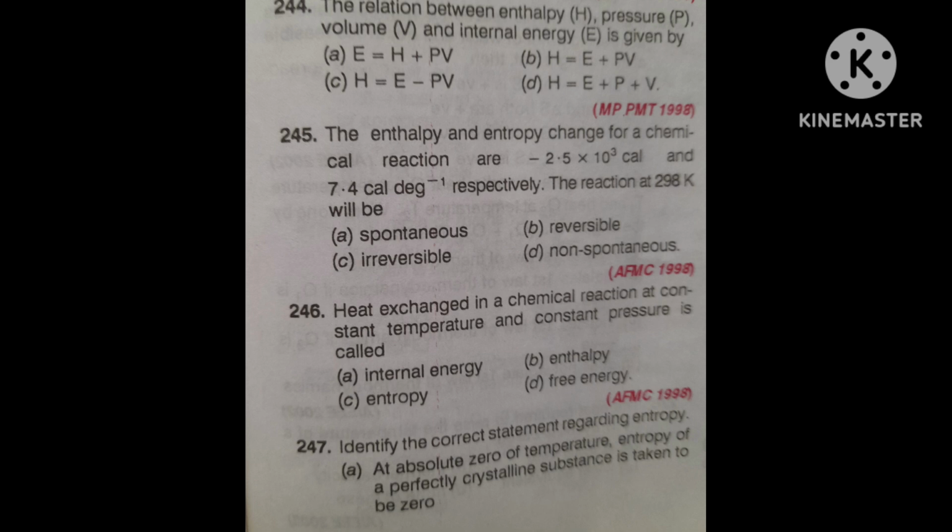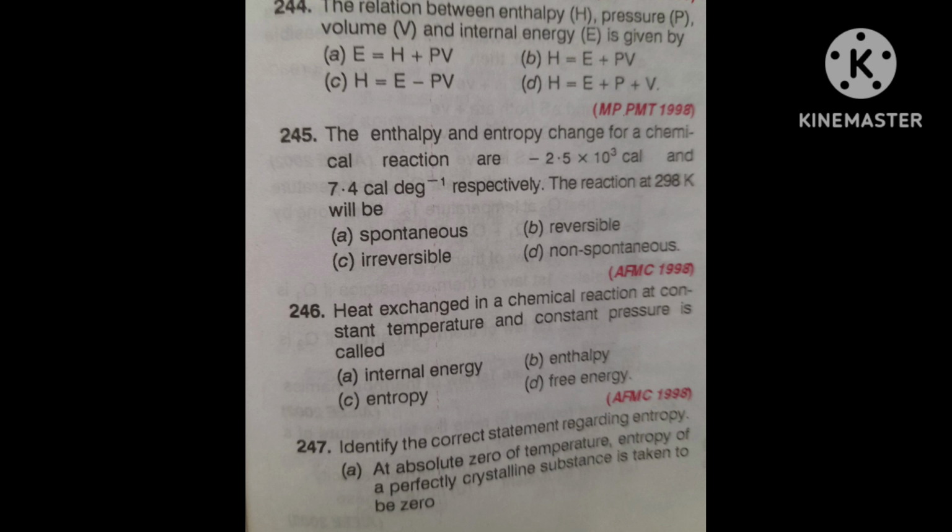Again I am repeating the question. The neutralization of a strong acid by a strong base liberates an amount of energy per mole of H plus. First option, depends upon which acid and base are involved. Second, depends upon the temperature at which the reaction takes place.